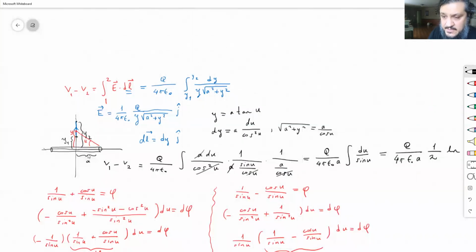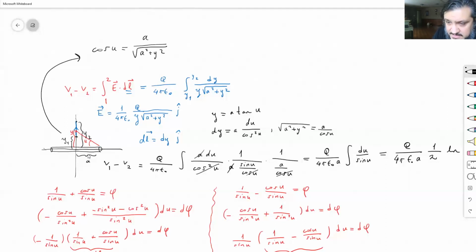So from this picture, cosine u is what? It's equal to a divided by square root of a squared plus y squared. This red line here is equal to the hypotenuse of that triangle, which is square root y squared plus a squared.